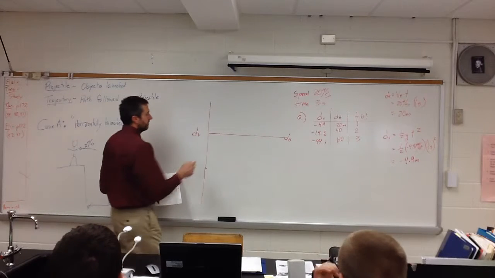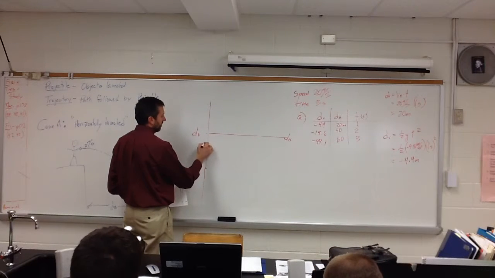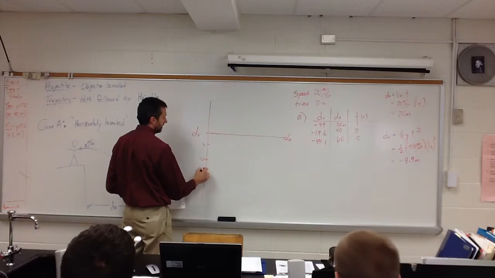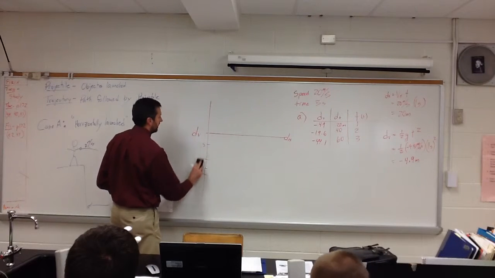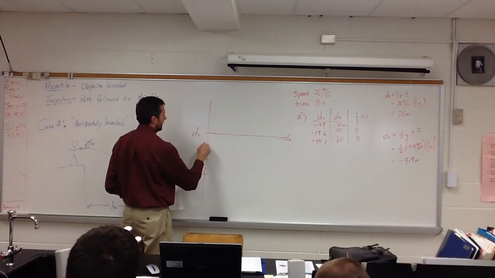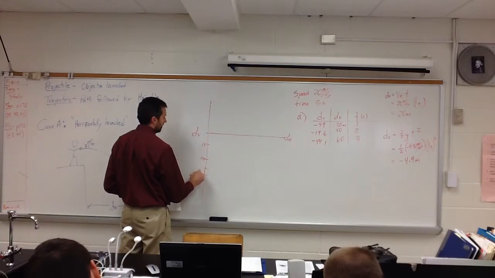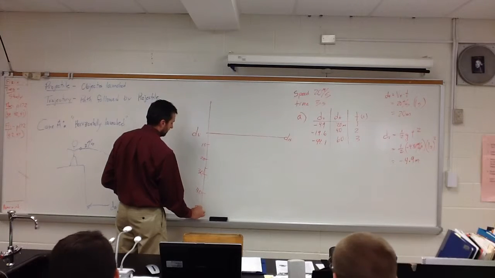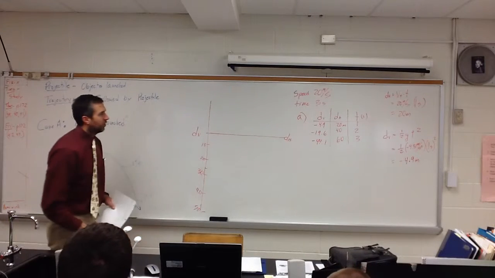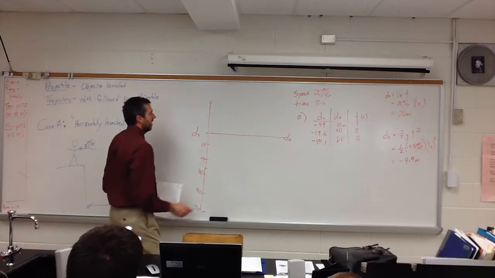Since they're all negative numbers, I can do something like this, like, 5, 10, 15, that's not big enough, I'm getting up to 40. Let's do it 10, 20, 30, 40, and 50 down here. Those are all negatives.